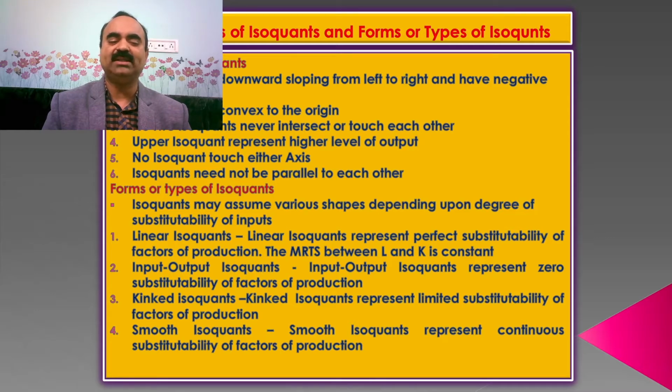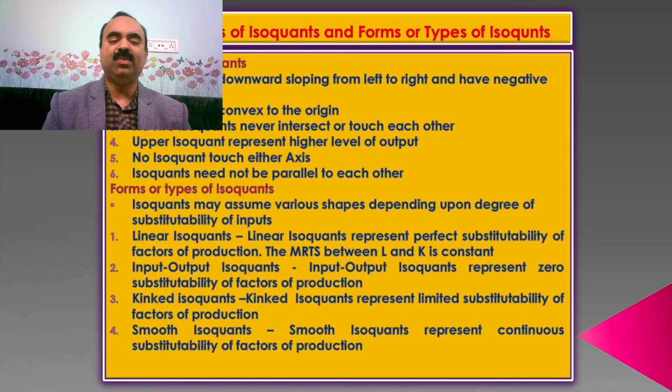Input-output isoquants. 3. Kinked isoquants. 4. Smooth isoquants. 1. Linear isoquants. Linear isoquants represent perfect substitutability of factors of production. The MRTS, the marginal rate of technical substitution between L and K, is constant.